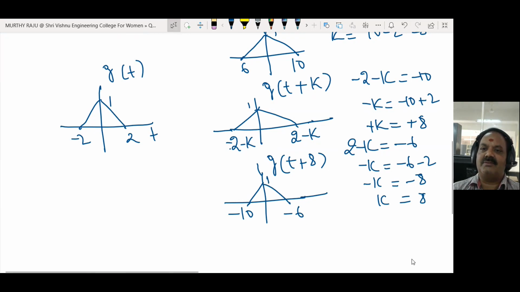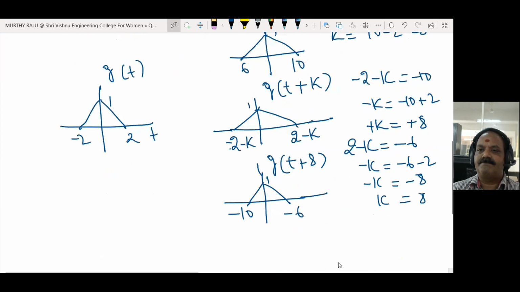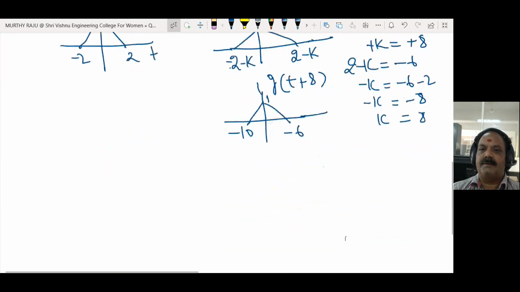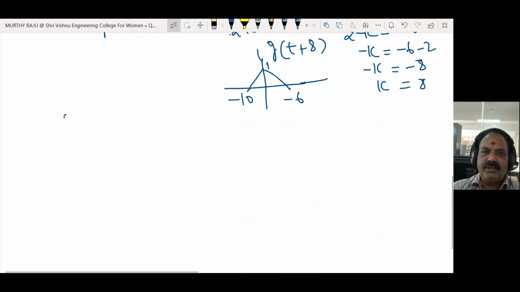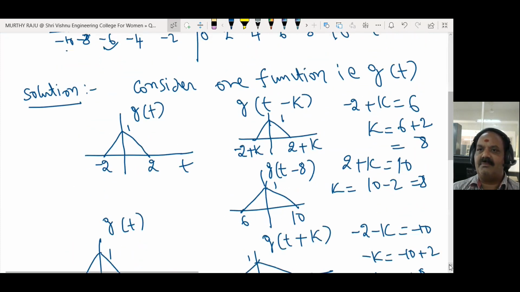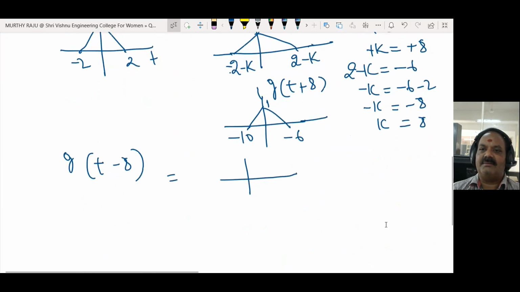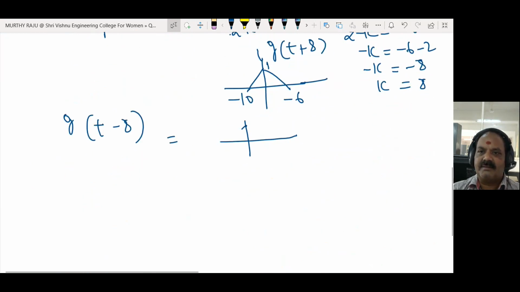Here, amplitude is 1. Okay. The first one is g of t minus 8, whose function we know is from 6 to 10, with amplitude 1.